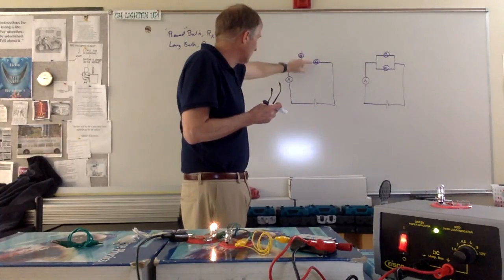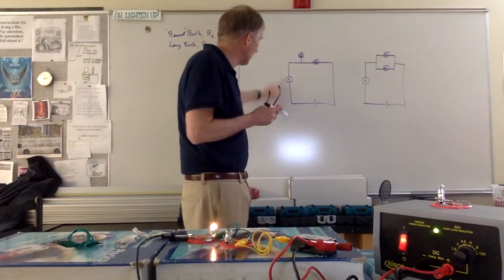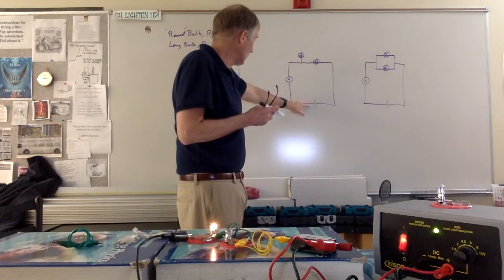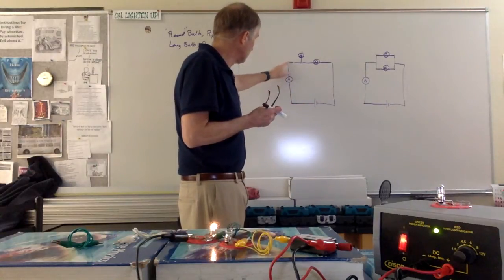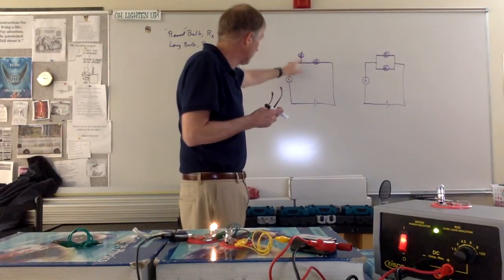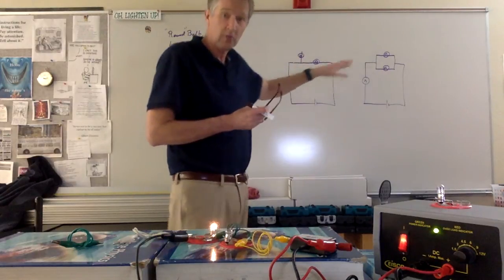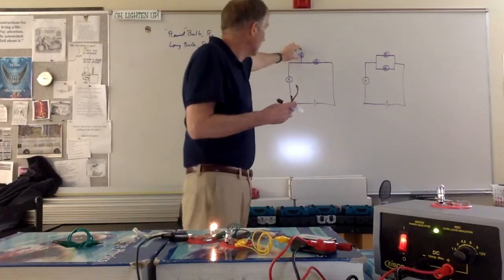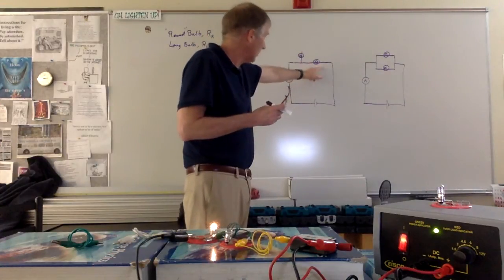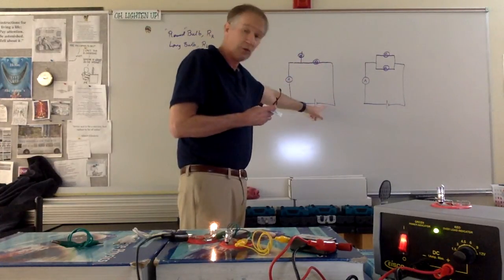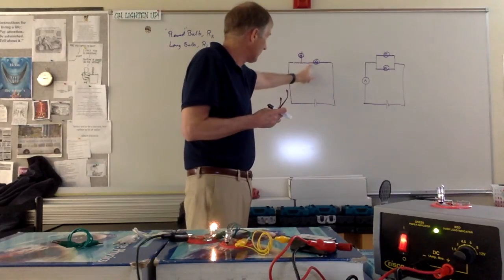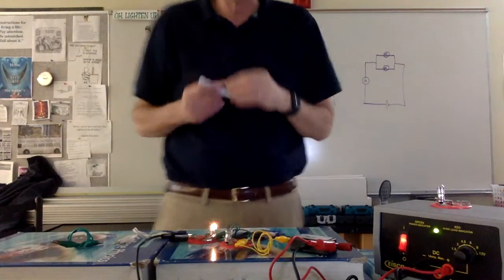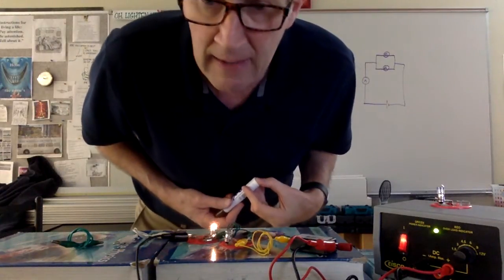The thing's at the same potential, this whole side of the battery, all the way here, 1.5 volts, 1.5 volts, 1.5 volts. It's all at the same potential. You only get current flowing when there's a potential difference, and there's no difference over here. There is a difference here because that's connected to the 0 volt side of the battery. So this goes from 1.5 volts down to 0. And so that's why that bulb lights up. That's a really important idea.